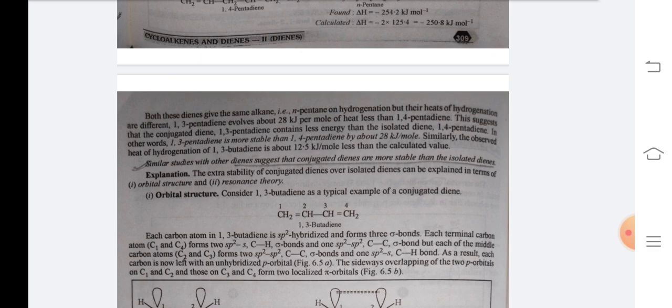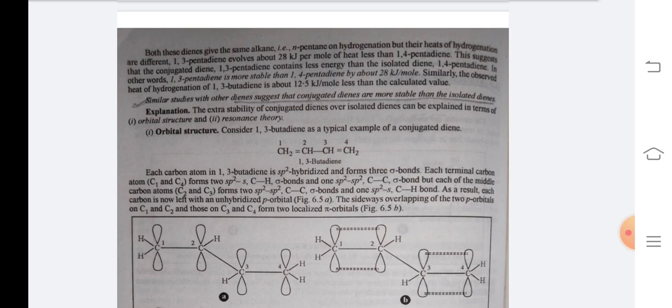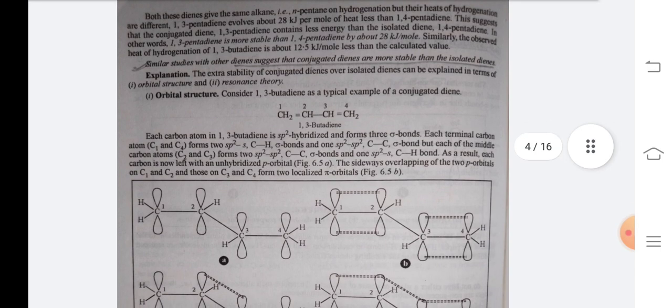This suggests that the conjugated diene 1,3-pentadiene contains less energy than the isolated diene 1,4-pentadiene. In other words, 1,3-pentadiene is more stable than 1,4-pentadiene by about 28 kJ per mole. Similarly, the observed heat of hydrogenation of 1,3-butadiene is about 12.5 kJ per mole less than the calculated value.